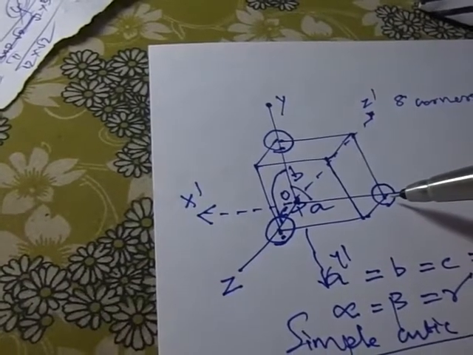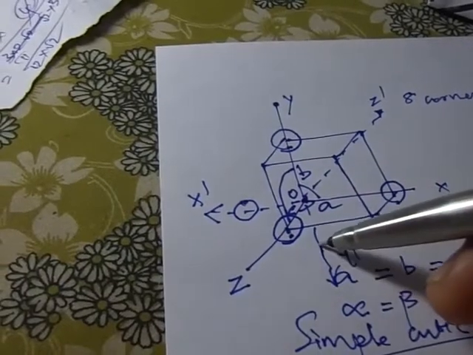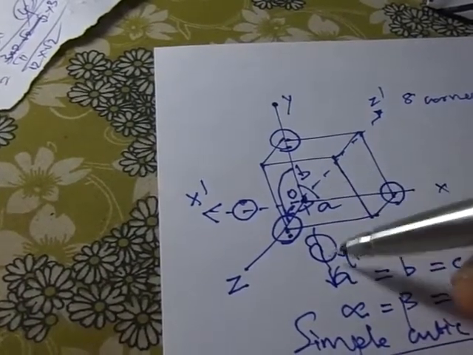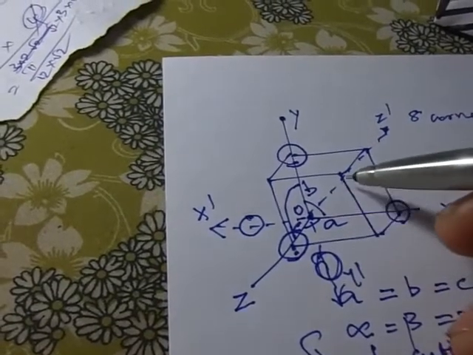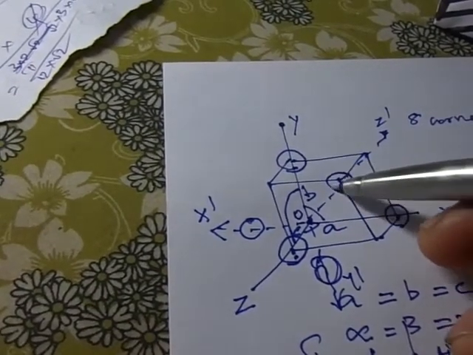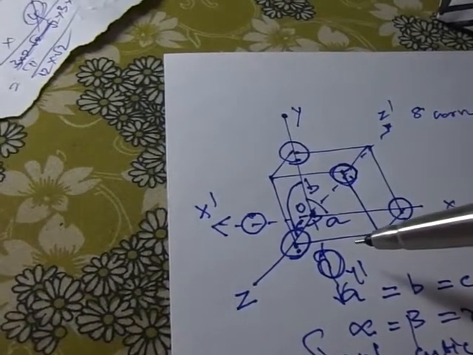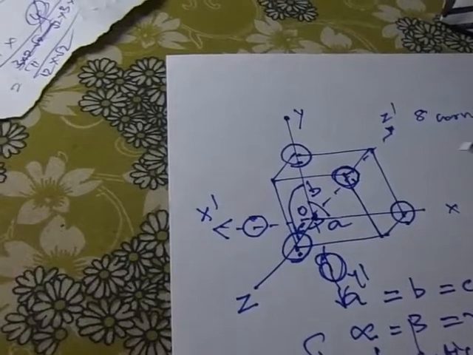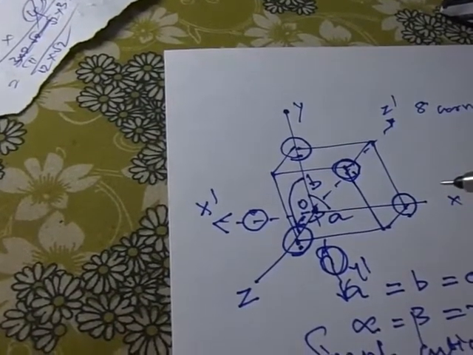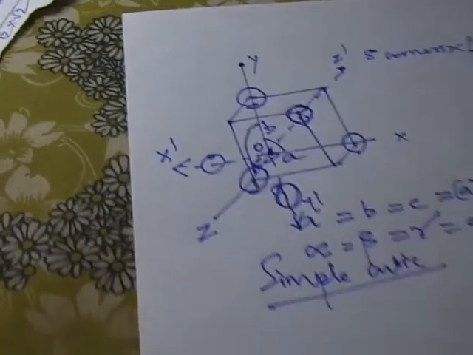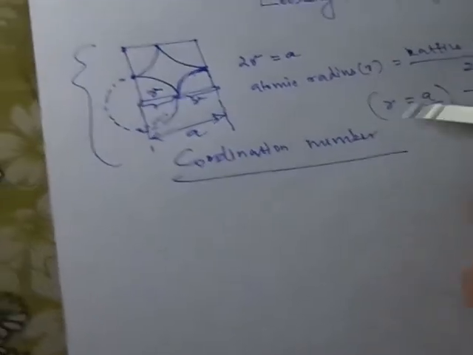So just like in the x-axis there is an atom, in the x dash axis there is an atom, y dash axis atom is also a neighbor to it, and similarly in z dash axis an atom is a neighbor. So in x, y, z axis 3 atoms are neighbors, in x dash, y dash and z dash axis also 3 neighbors. So totally 6 is the coordination number for simple cubic.